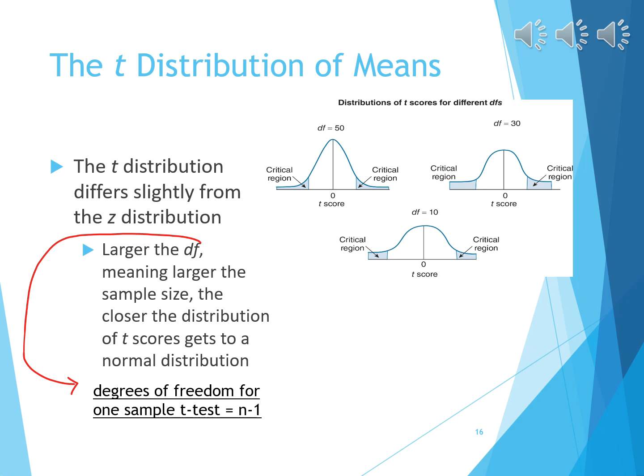But for this particular test, the degrees of freedom for a one sample t-test is just n minus 1. And that's because you're only using one single variable from one single sample. In correlation, you have two different variables that you're worried about. So here, we're just worried about one single variable, one standard deviation, and it's going to be degrees of freedom of n minus 1.